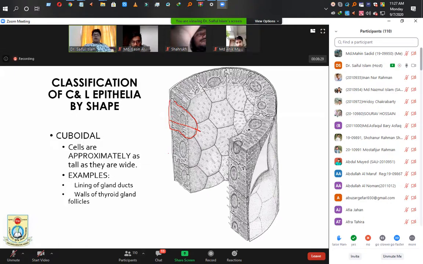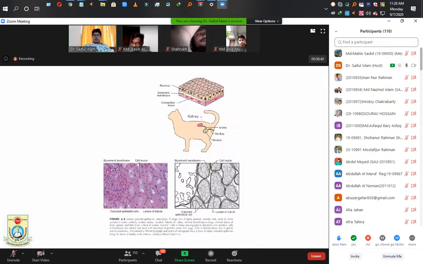But under LM, you will not see it like this. It is different. And the nucleus is almost spherical in shape. What you can see under the microscope, LM, is the simple cuboidal cell.